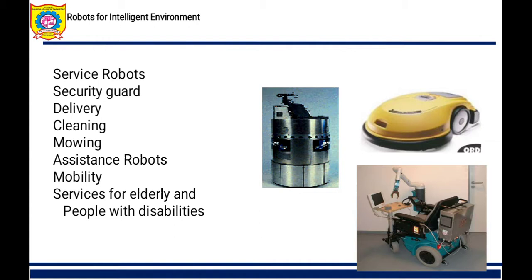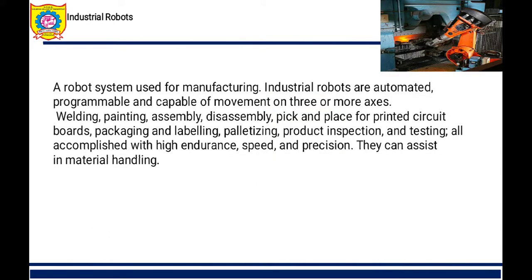If you assign it certain work, it will do it for you. So these are all mobile robots. And even elderly people or disabled people, for them to have motion or mobility, robots help. Like you can see in the diagram, there's a machine at the end to help disabled people. So that is an intelligent environment. Robots work in intelligent environments.